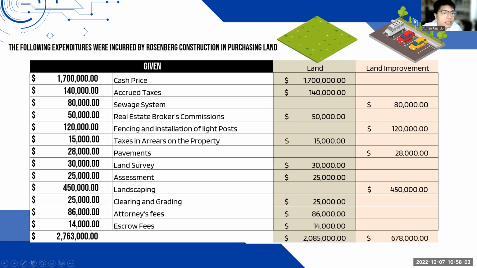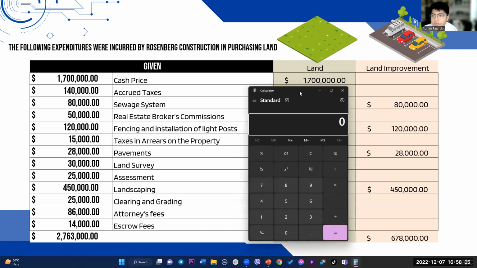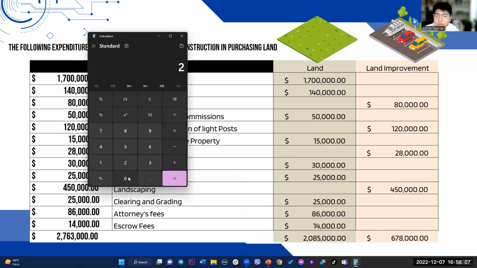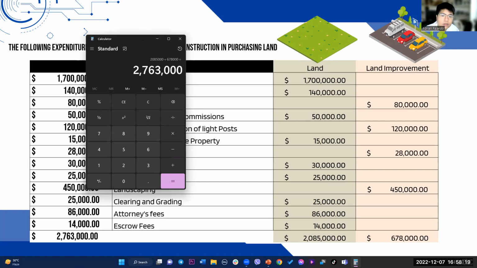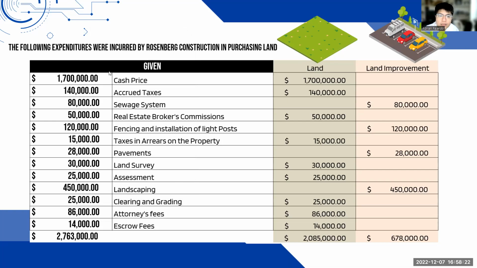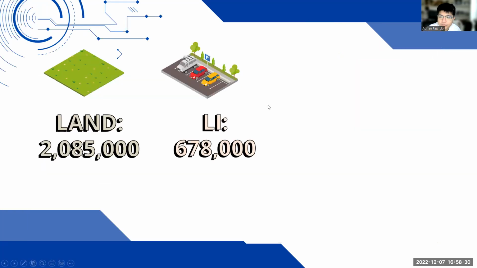Just to double check, we just add: 2.085 million, our value of land, plus our land improvements, gives 2.7 million, right? And that's correct. So with this amount of costs, we were able to properly categorize them from land to land improvement. So now we have land and land improvement.